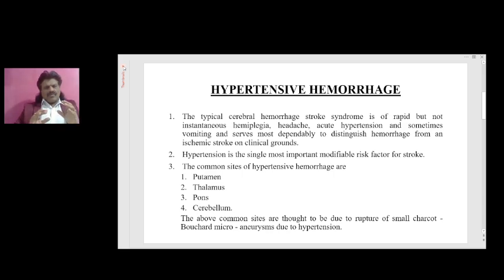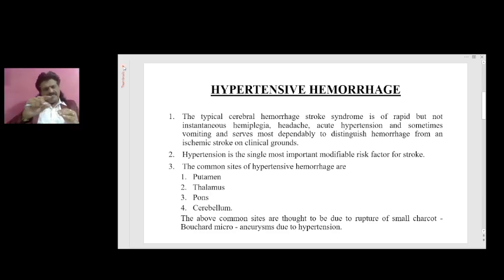So by the time course, we can to some extent differentiate these three types of stroke. One is the infarct or the thrombosis, second is embolism, and third is hemorrhage. Thrombosis takes some time to develop, though both are sudden in onset.